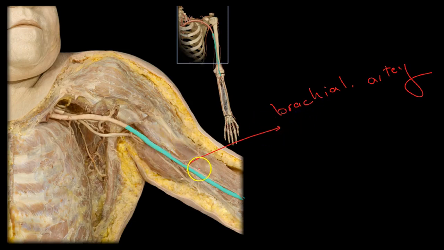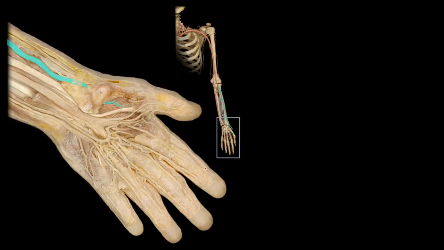This artery is the continuation of the subclavian artery. So here we have the subclavian artery, and then in the armpit region we call it the axillary artery, but when it goes to the arm region, it's called the brachial artery.